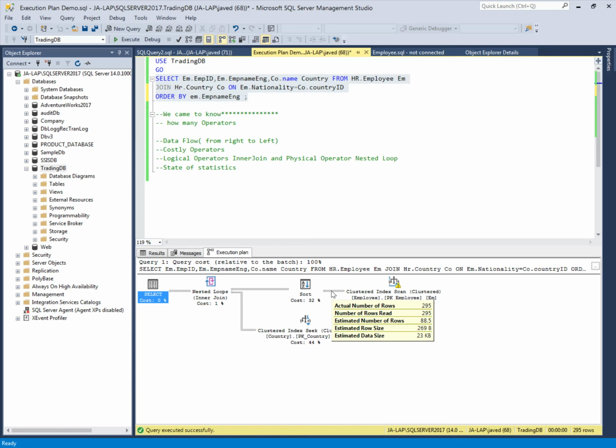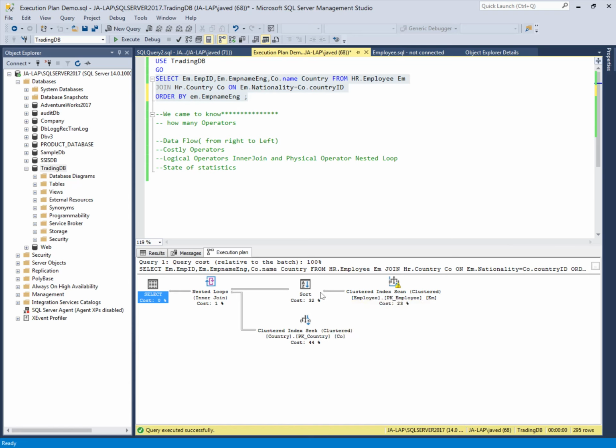If you look at this arrow, we can see 295 rows are passing. The thickness of the arrow also changes as per the rows. If there are more rows, it will be thicker.